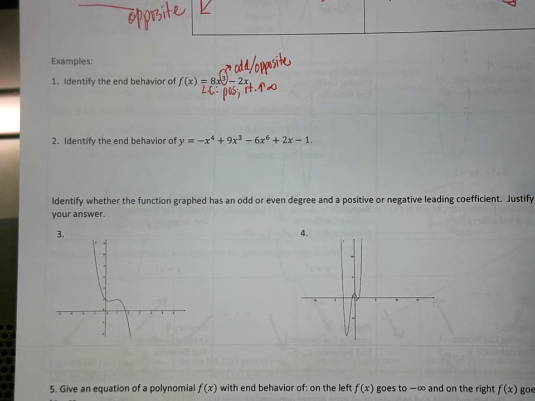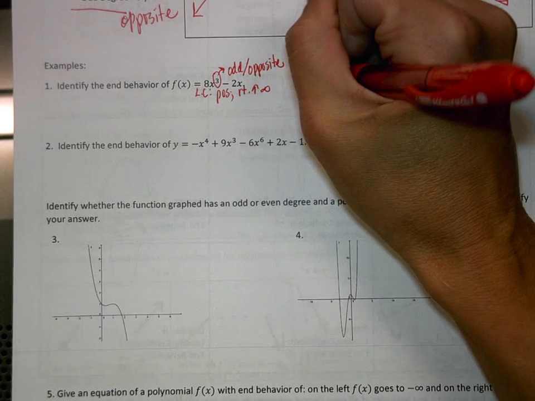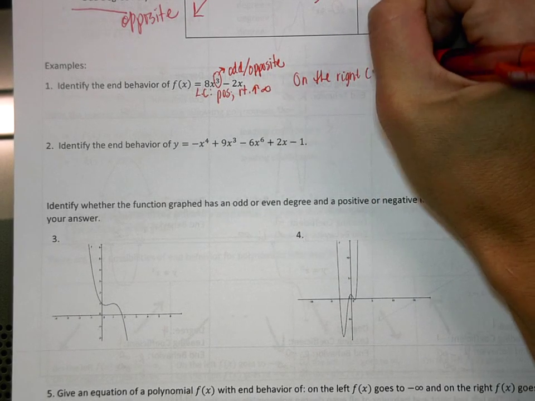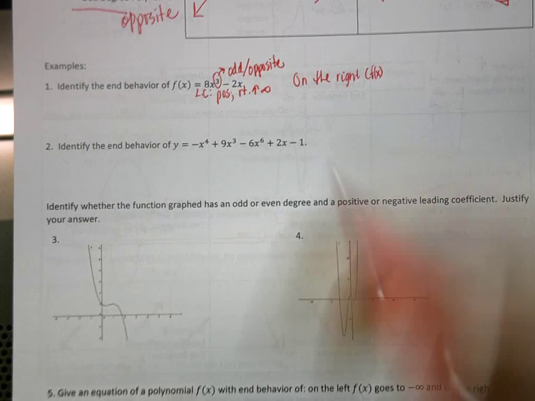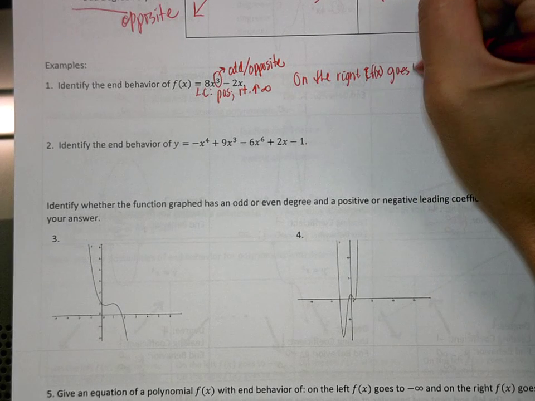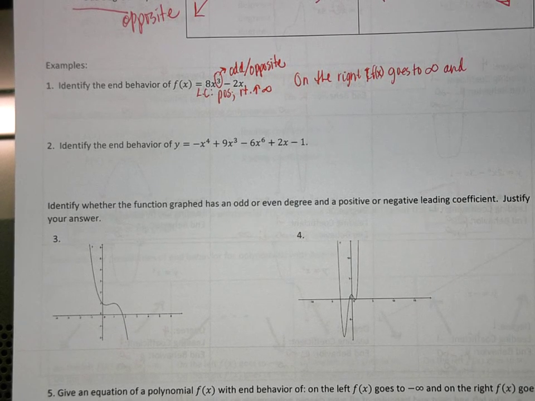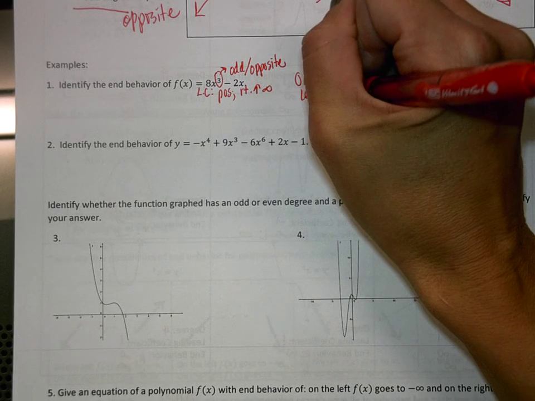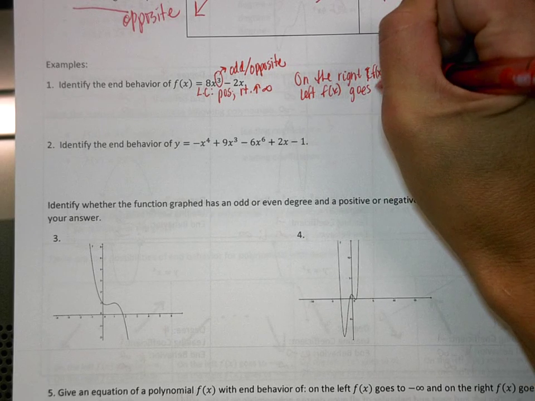So we're going to write this out now. So here is our sentence, okay? On the right, f of x goes to infinity, and on the left, f of x goes to where?